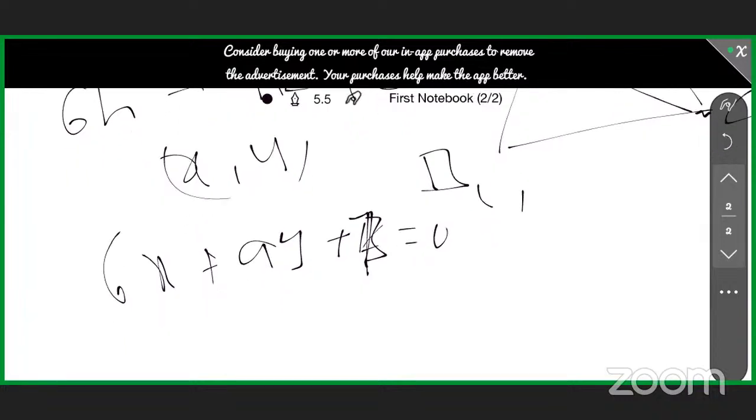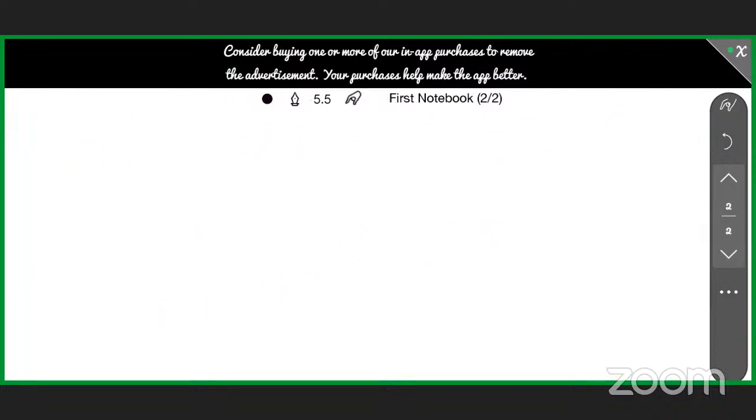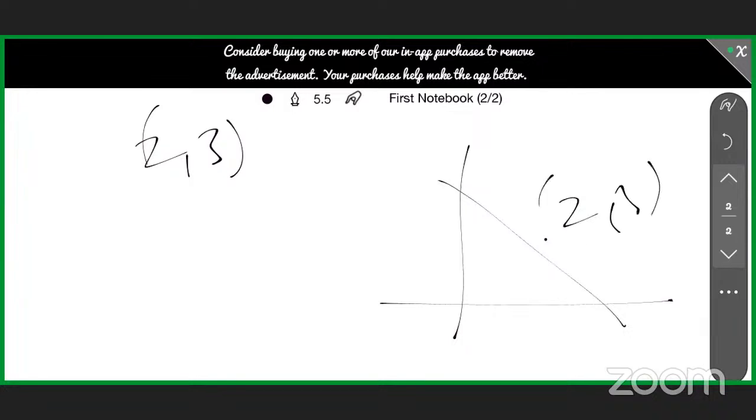A straight line through a fixed point 2 comma 3 intersects the coordinate axes, meaning it is cutting the coordinate axes x and y at points P and Q.